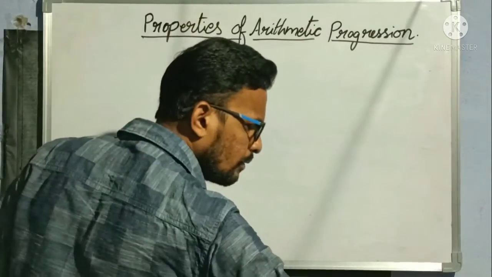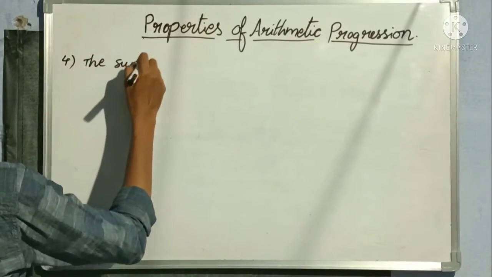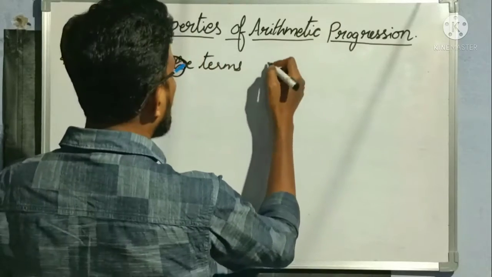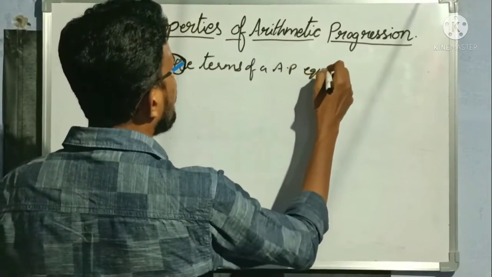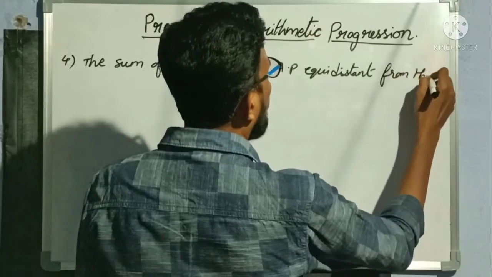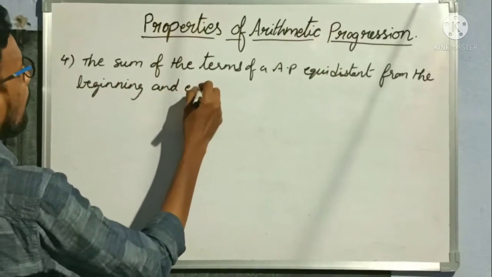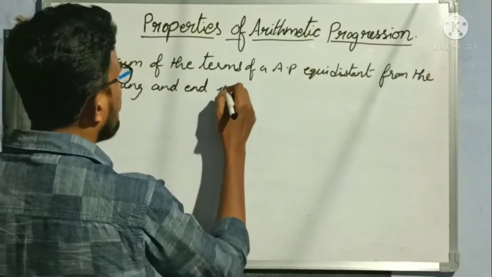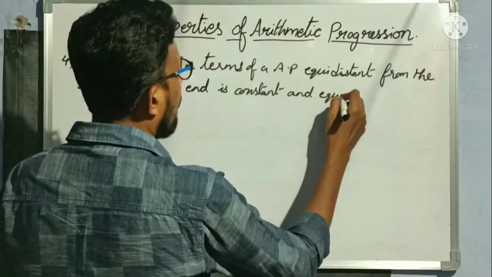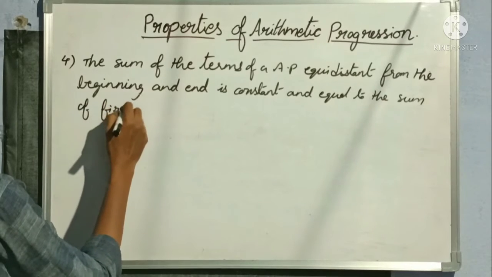Property number 4: the sum of the terms of an AP equidistant from the beginning and end is constant and equal to the sum of the first and last terms.